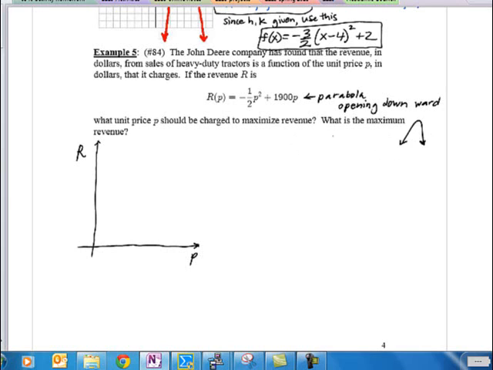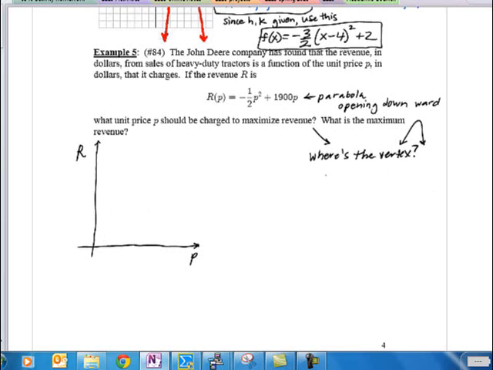But we need to make that connection. Right? They're asking us, what price should we charge to maximize the revenue? And what is that maximum revenue? So in other words, where's the vertex? That's the maximum point when the parabola is opening downward. So we can use our formula. P is what's normally in our x role here.